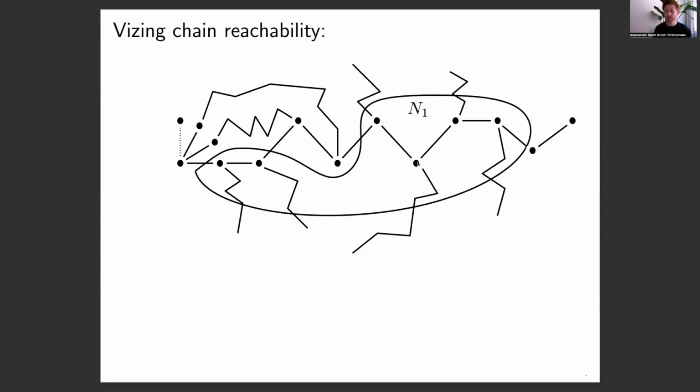The other Vizing chains might go somewhere else in the graph, and we'd be perfectly happy to extend through them. We collect all of these good extension points into a set N1. You can extend this idea to i-step Vizing chains. You get R_i and N_i, which are the vertices you can reach through non-overlapping i-step Vizing chains, or the vertices you can safely extend through at this i-th level.